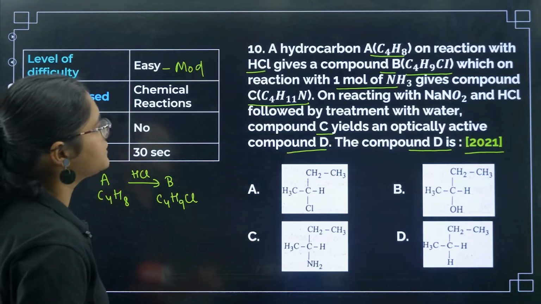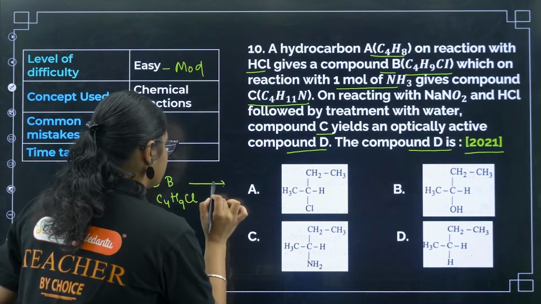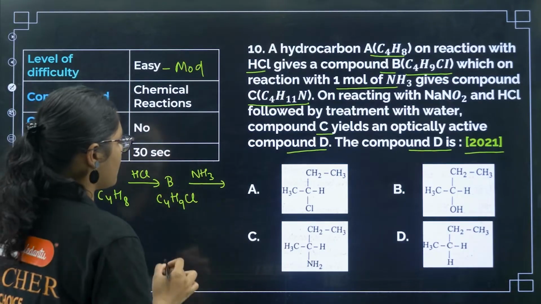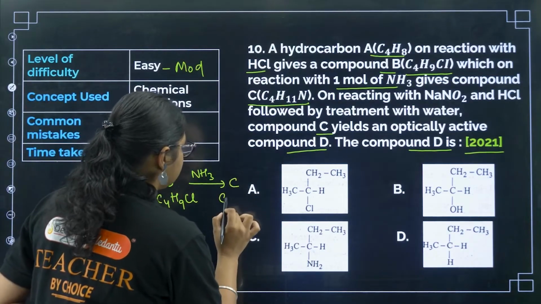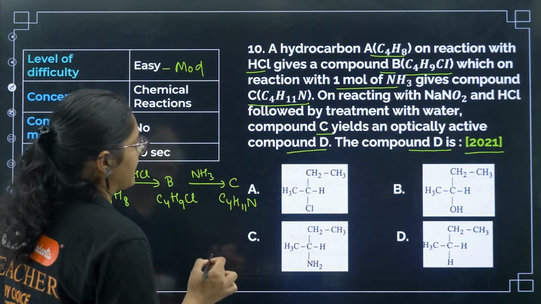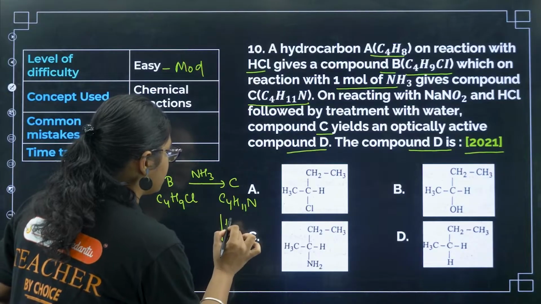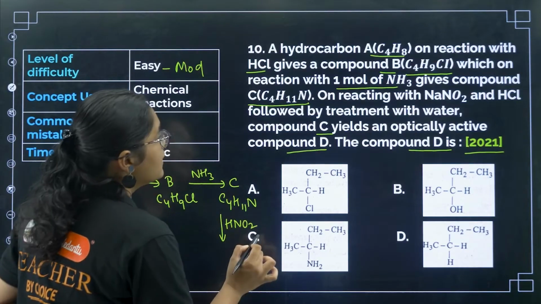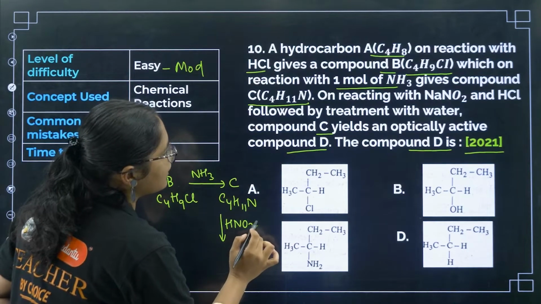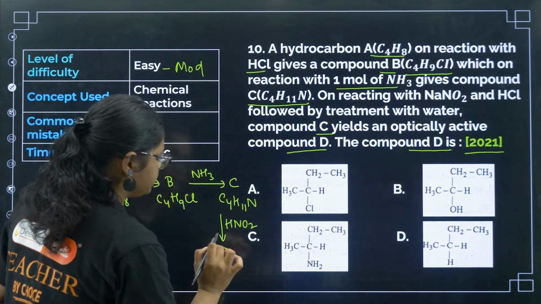Next, on reaction with 1 mole of NH3, ammonolysis gives a compound that is C, that is C4H11N. Now on reacting with NaNO2 and HCl, so I can write this as HNO2, followed by treatment with water, compound C yields an optically active compound D.